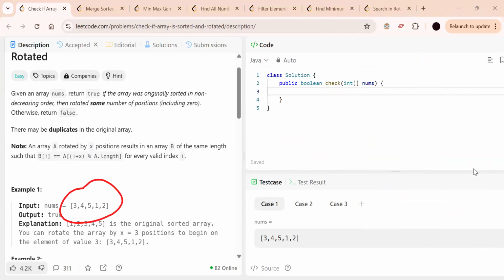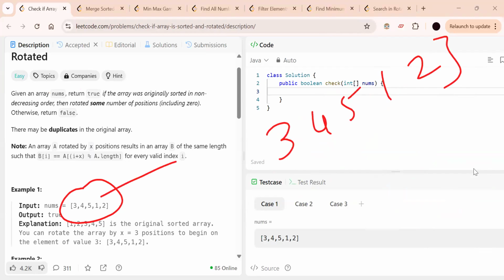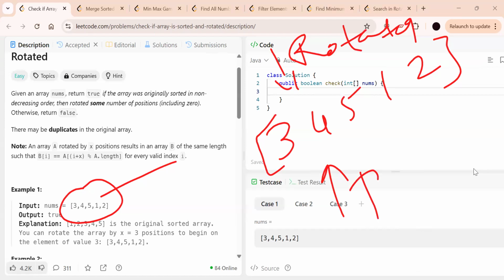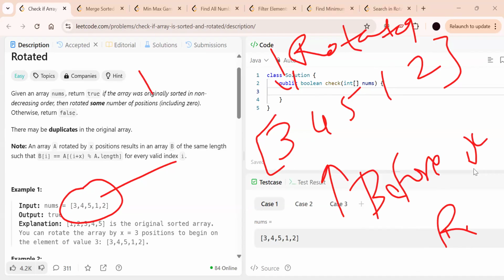Yes. Let's take this example: 3, 4, 5, 1, 2. Now we have to say whether, as usual, this is a rotated array. So before some X rotations, is this sorted? Yes. How?